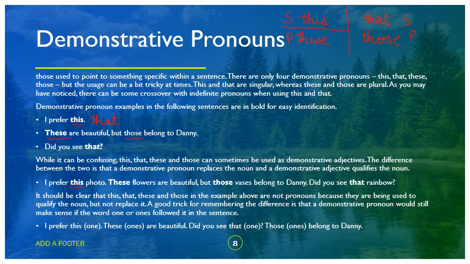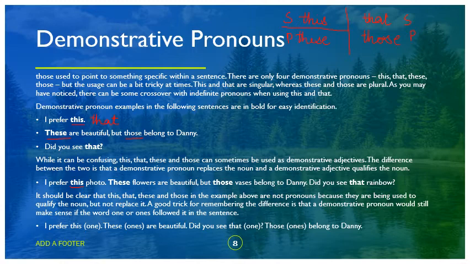Now a good trick for remembering the difference is that a demonstrative pronoun would still make sense if the word one or ones followed it in the sentence. So they are telling you about a kind of a test that you can put a sentence through just to analyze if it is an adjective or if it is a demonstrative pronoun.